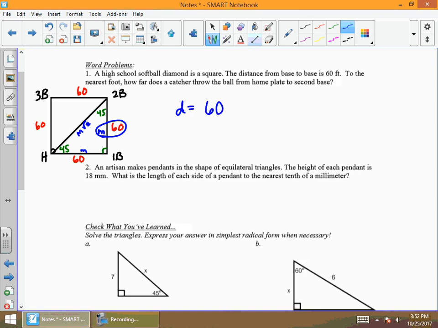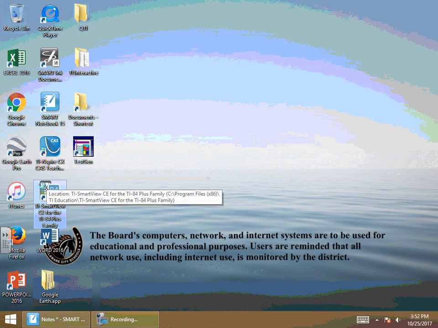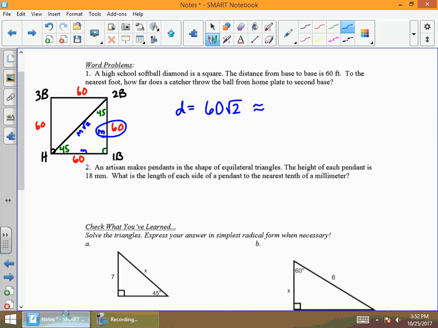So 60 radical 2. Well, now it wants it to the nearest foot. So 60 radical 2. Let me grab a calculator. Calculator is right there. Just a second while this thing loads up. So 60 radical 2.